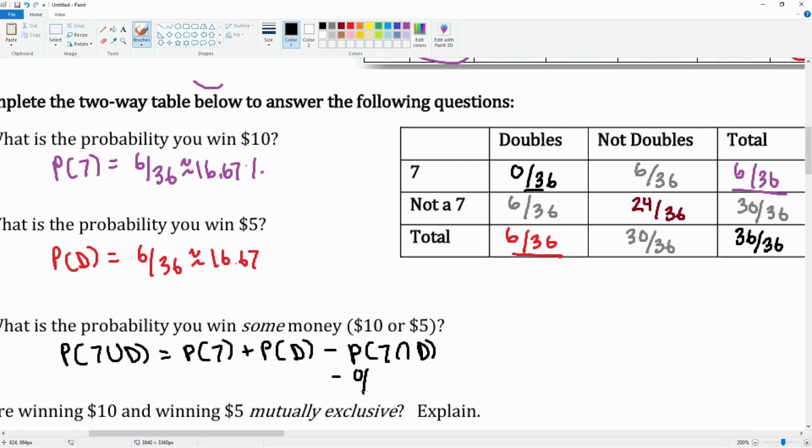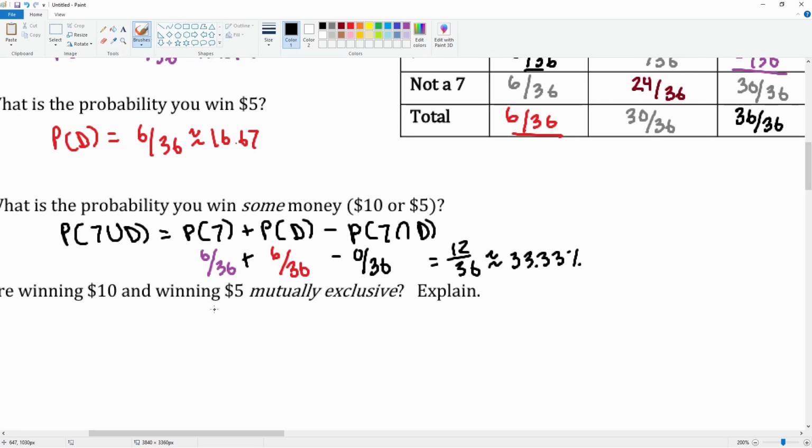So that's 0 over 36. The probability of getting a 7 is 6 over 36. We're going to add that to the probability of getting a double, which is 6 over 36. So 6 over 36 plus 6 over 36 is 12 over 36. 12 divided by 36 times 100 gets you roughly 33.33%.